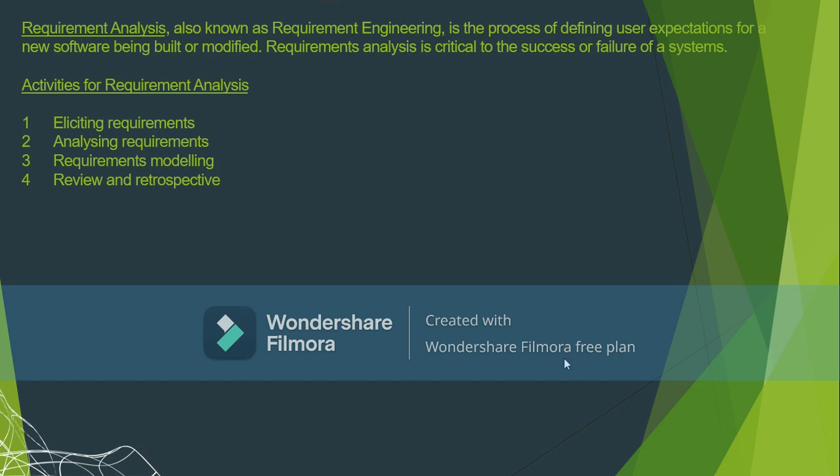Second is analyzing the requirements. You determine whether the stated requirements are unclear, incomplete, ambiguous, or contradictory. In this part, you try to figure out all the ambiguous or complicated requirements and resolve them before you can move to the next step.